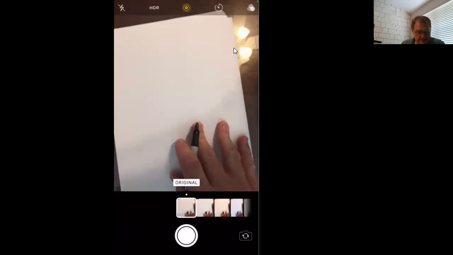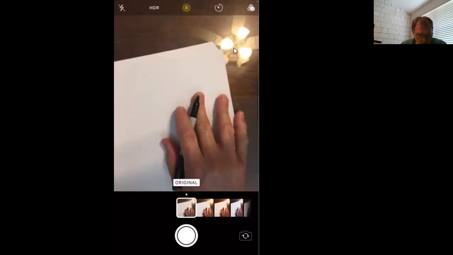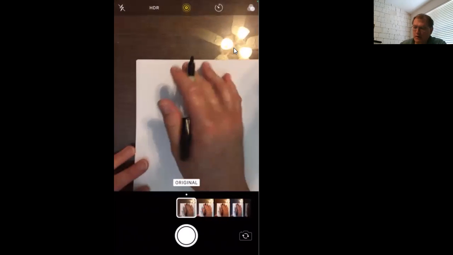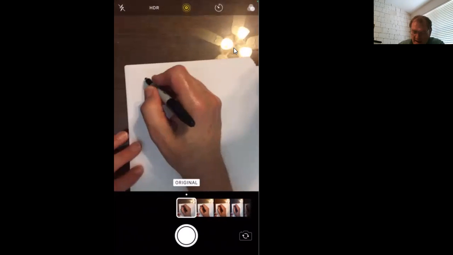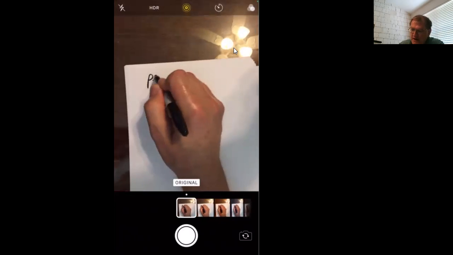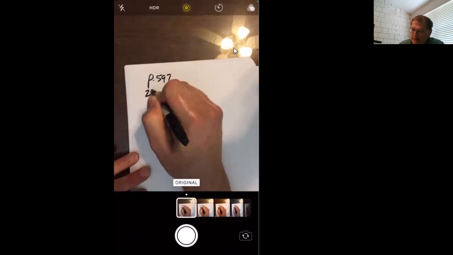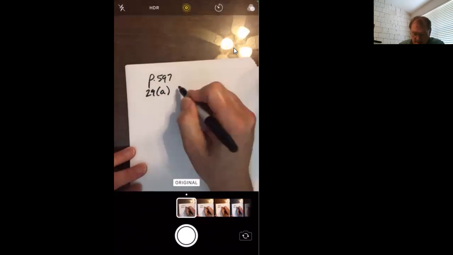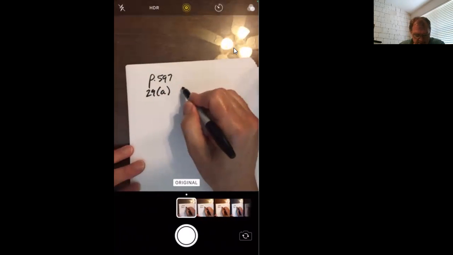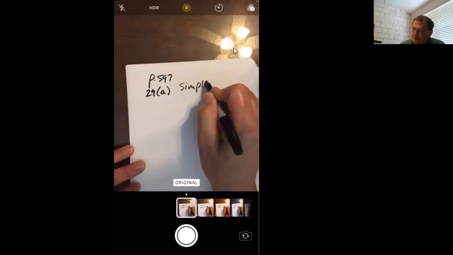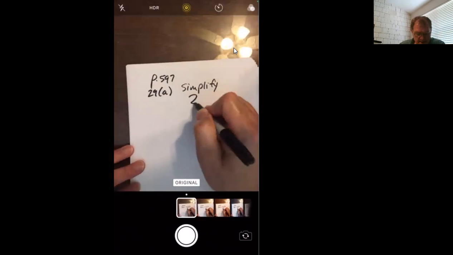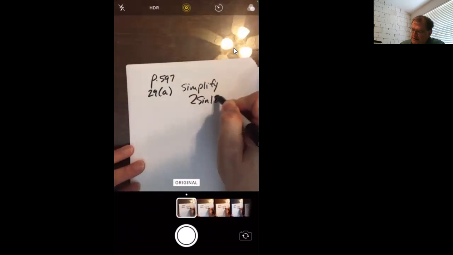All right. Something like 29 uses the double angle formulas backwards. Page 597, 29, part A. Simplify twice sine of 18 degrees, cosine 18 degrees.